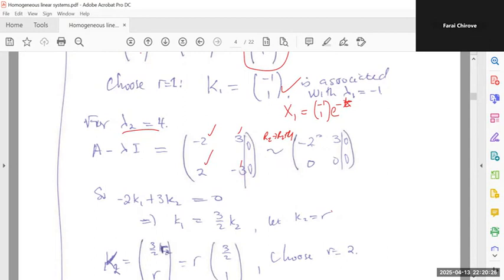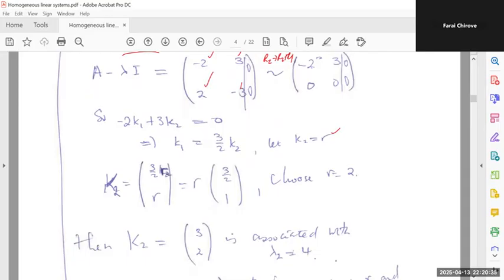So you can now see that K2 will remain arbitrary, and then K1 will be 3 over 2 K2, which is just 3 over 2 R. Then when you build up the second eigenvector, this is capital letter K. The others are small letters. So the capital letter K, which is the eigenvector associated with lambda equal to 4, will be like this. So now you could still say R is equal to 1 here and get this as the eigenvector.